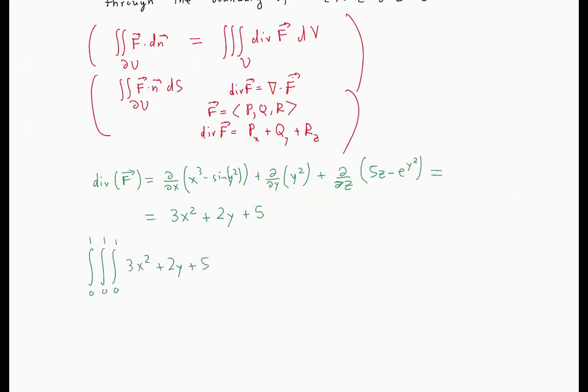This is a very simple integration that can be done in stages. So we will have first the antiderivative with respect to x. So that will be x cubed plus 2yx plus 5x from 0 to 1.